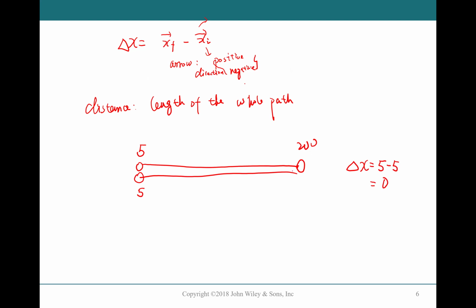But distance is the length of the whole path. If the path is what I drew, like this here, do you guys know what is the distance? So go from here and then go back to 5 like this. Can you calculate the distance?